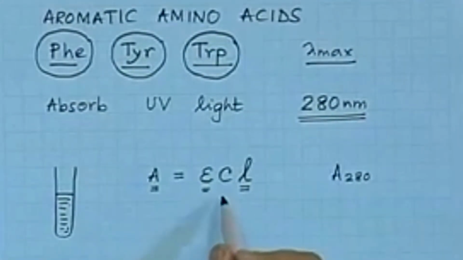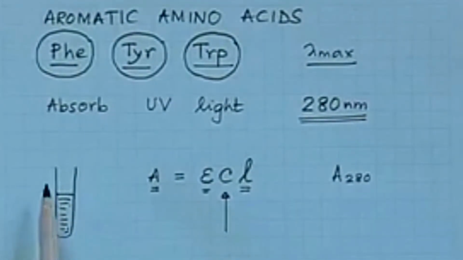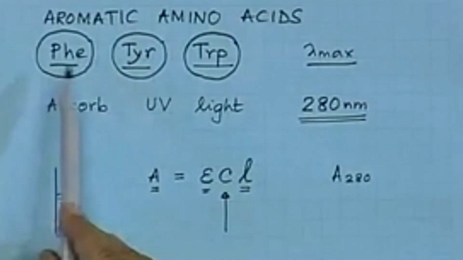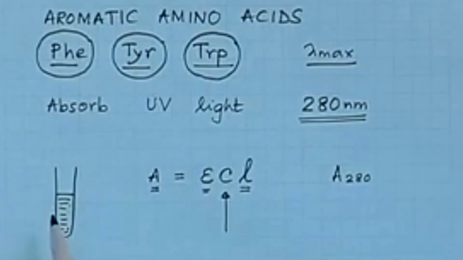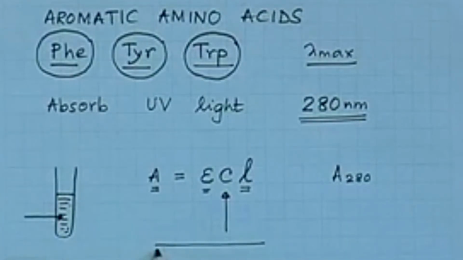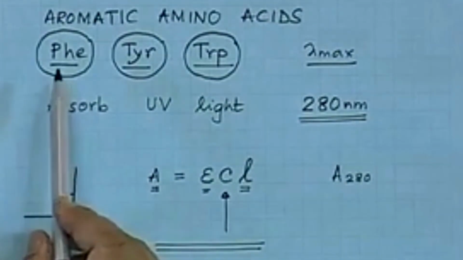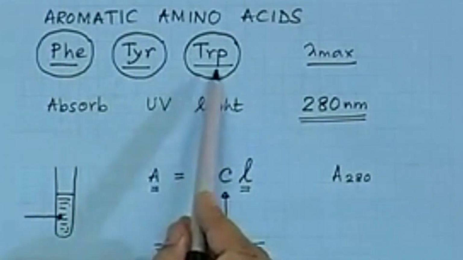We can determine the concentration of the protein. So, the presence of these aromatic amino acids helps us in determining whether our solution actually contains protein or not, and we can also find out the concentration of the protein in solution by virtue of their having phenylalanine, tyrosine and tryptophan.